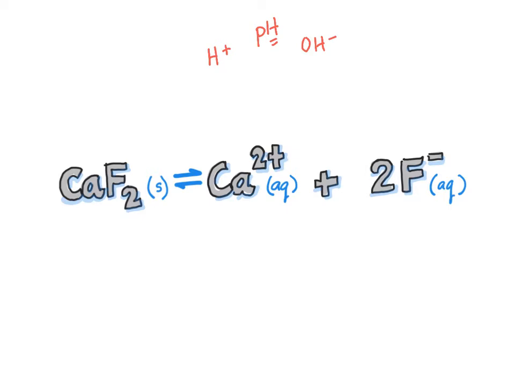If I think about it a little bit outside the box, I could see that the ions that are forming here, the calcium ion and the fluoride ions, could have been part of an acid, or could have been part of a base. For instance, I could see that hydrofluoric acid could use a fluoride as part of its equilibrium equation, right?